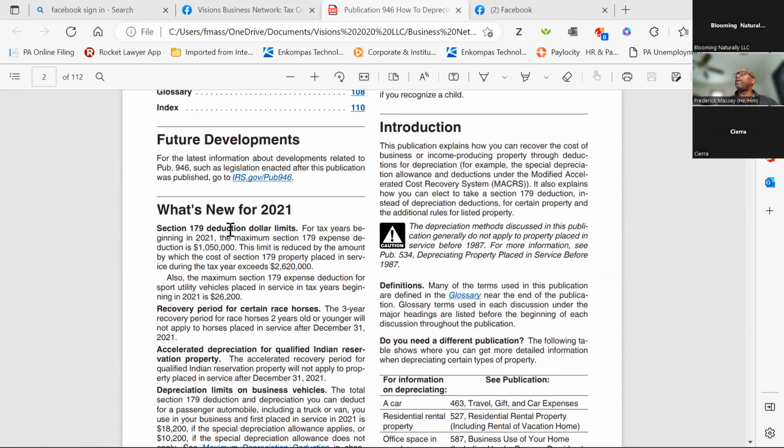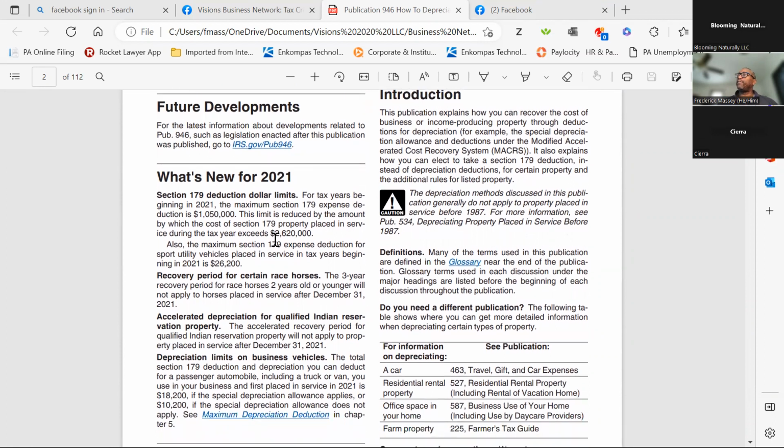Here's a good example. Here's the dollar limit for 179, meaning the maximum deduction that you can take is $1,050,000. You might think, wow, that's a lot, but if you're buying a $20 million factory, you can only take that as a maximum deduction.